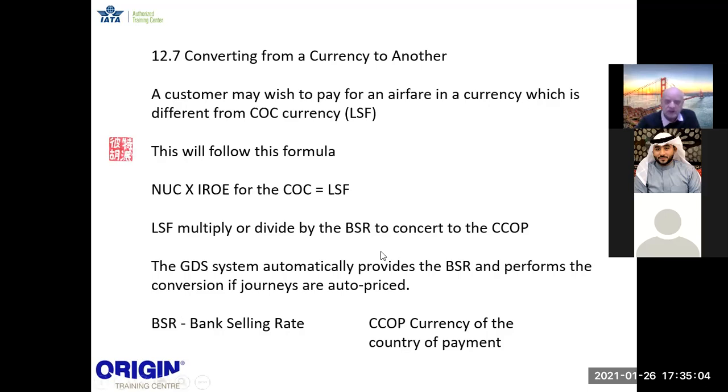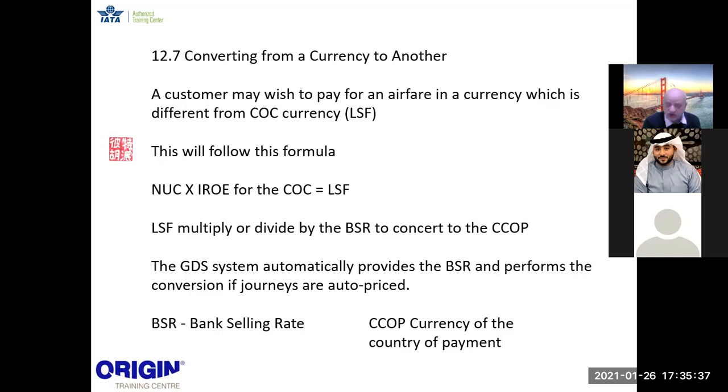So what we do then is we take the local selling fare, use the BSR, banker's selling rate, to convert it into the currency of the country of payment. Okay, so there's a couple of steps here. NUCs multiply by IROE, local selling fare or local currency fare.